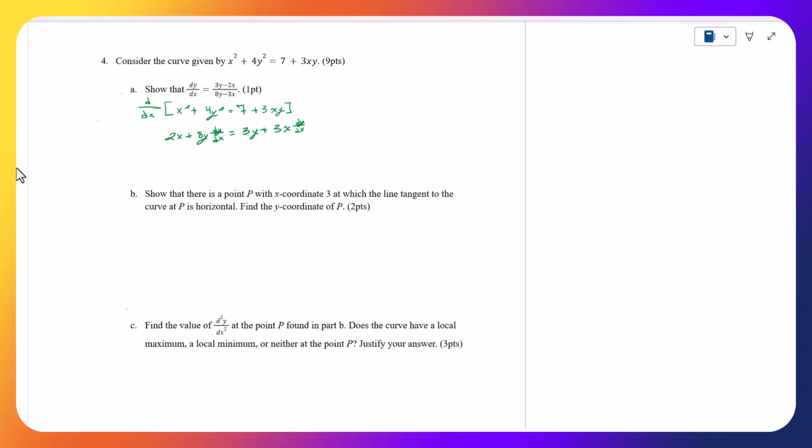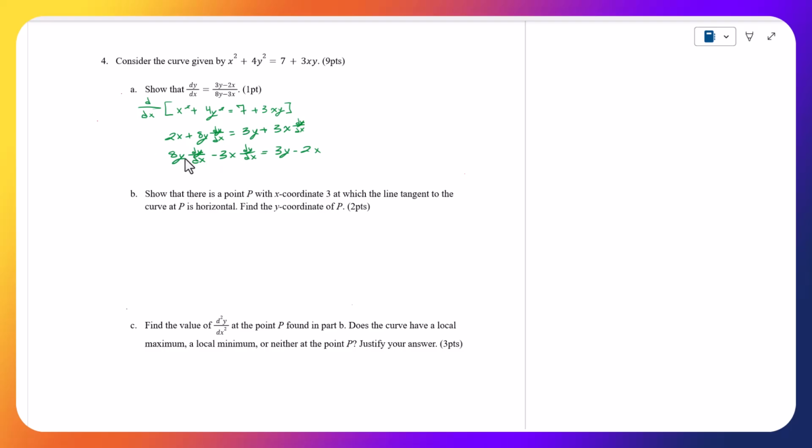I'm just going to rewrite it: 8y dy over dx minus 3x dy over dx equals 3y minus 2x. And boom, I can tell that I'm on the right track because I got this 3y minus 2x, and I see a 3y minus 2x on my numerator.